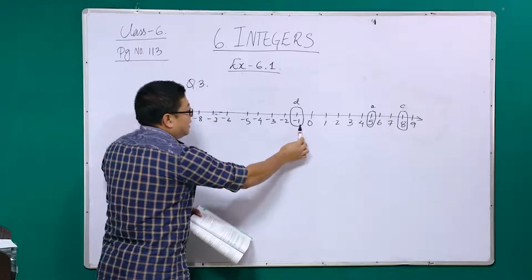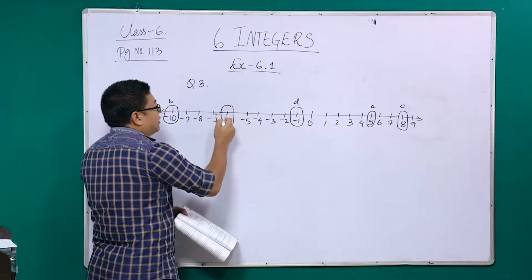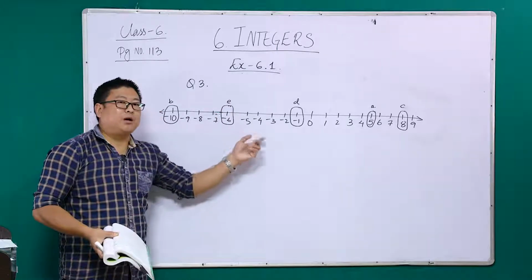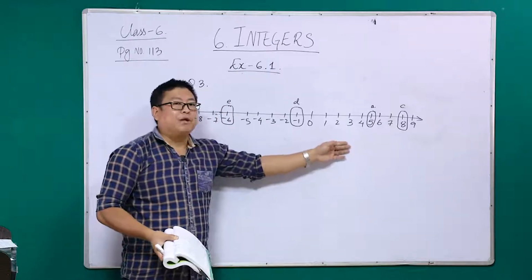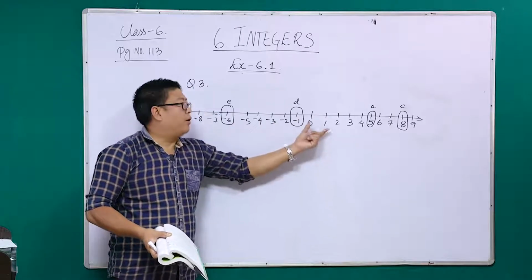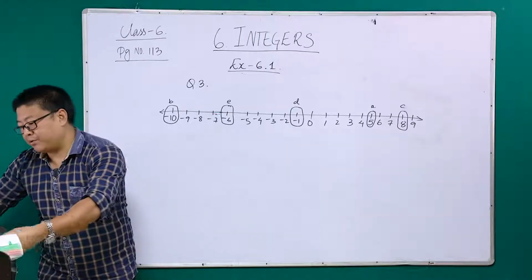Since it is minus, you will find minus 6 here. So this is the answer for the last question. This is how you will plot integers on the number line. All right? With that, we are done with question number 3.